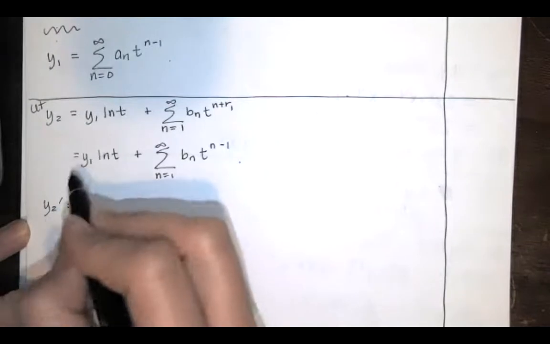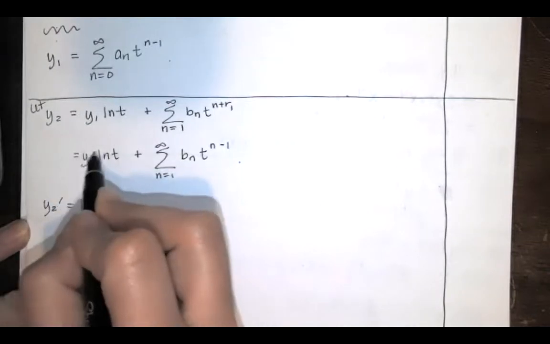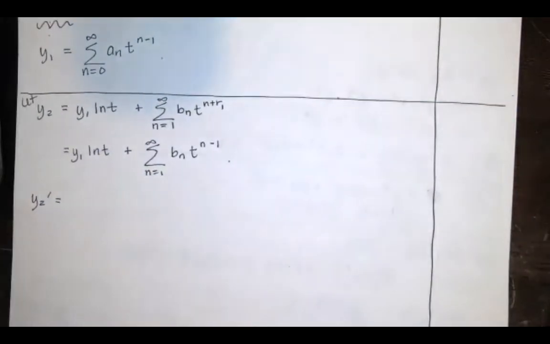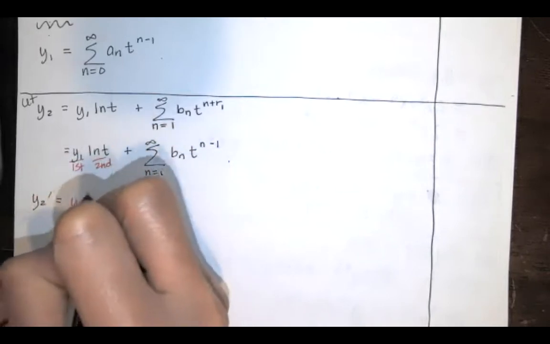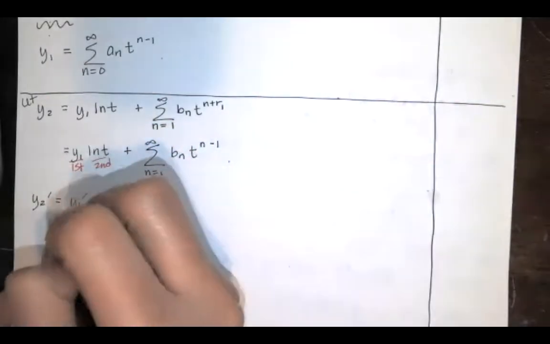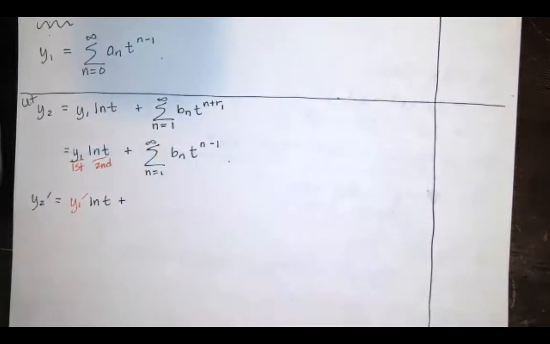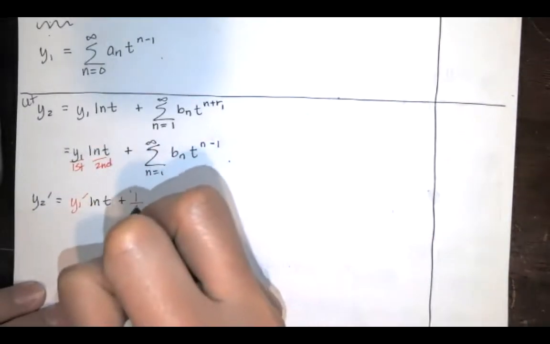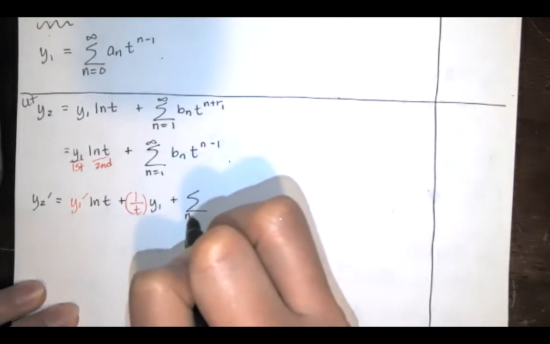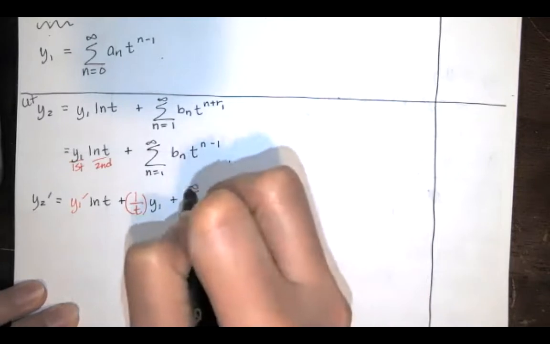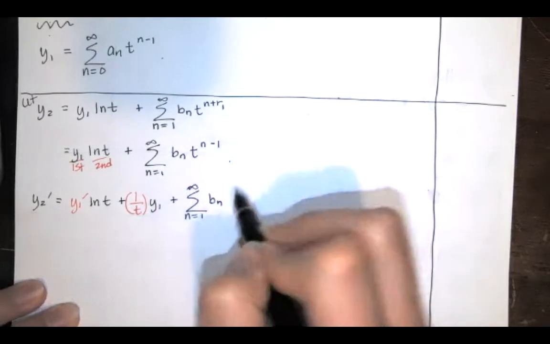So when I compute y sub 2 prime, I'll have the derivative of that product, excuse me, which can be found by the product rule. So we'll have the derivative of the first times the second, plus the derivative of the second, which is 1 over t, times the first. And then over here, the sum as n goes from 1 to infinity of b sub n, bring the power down.